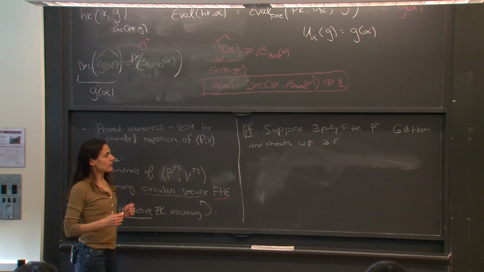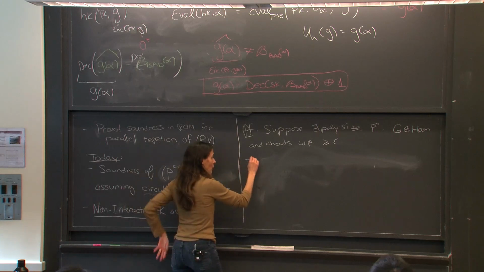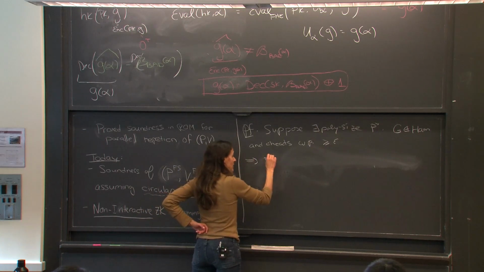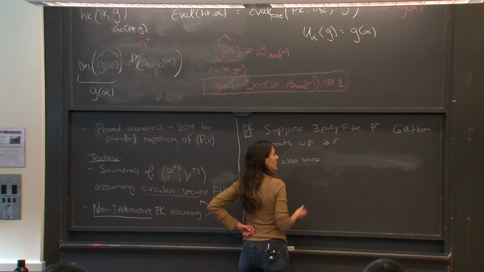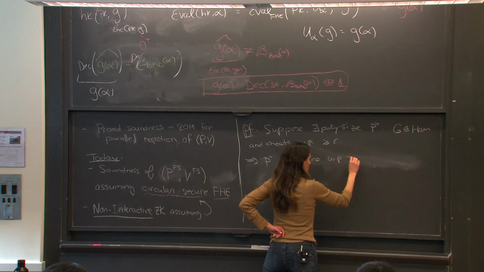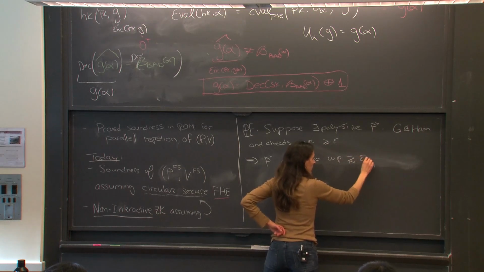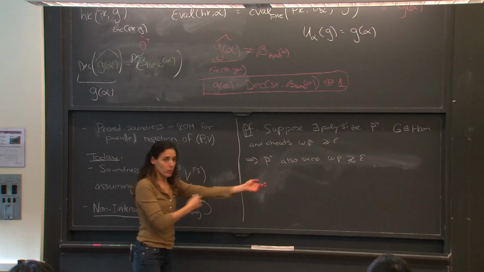Then I want to argue that P star also succeeds with probability close to epsilon, maybe epsilon minus negligible, but similar probability.